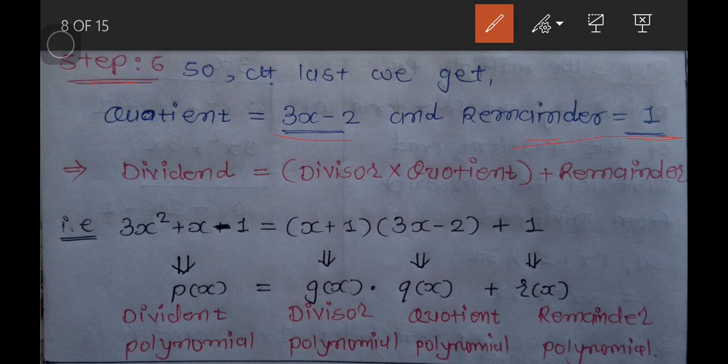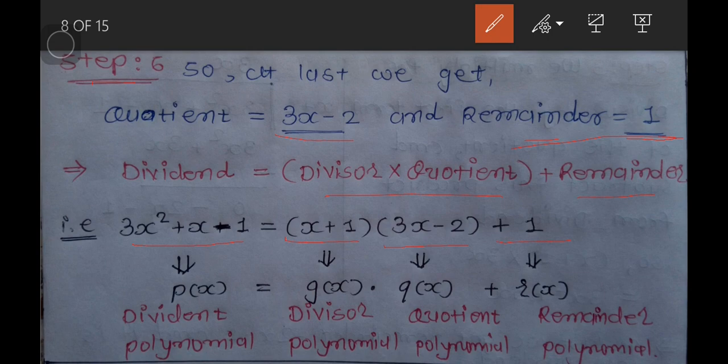As we first studied, we can write our division algorithm as dividend is equal to divisor into quotient plus remainder. So that is our dividend polynomial p of x as 3x square plus x minus 1, and divisor is x plus 1, into quotient 3x minus 2, plus remainder plus 1.